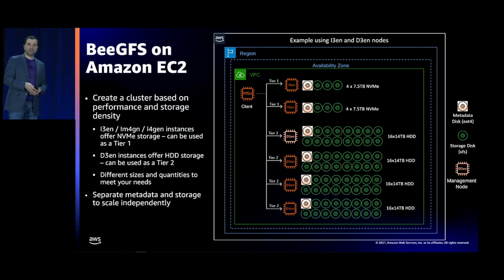And since I mentioned that one of BeeGFS's features is multi-tiering, you can, for example, choose the i3en to be your tier 1, and that is going to give you higher performance. And then choose the d3en instance type, and that's going to be your tier 2.